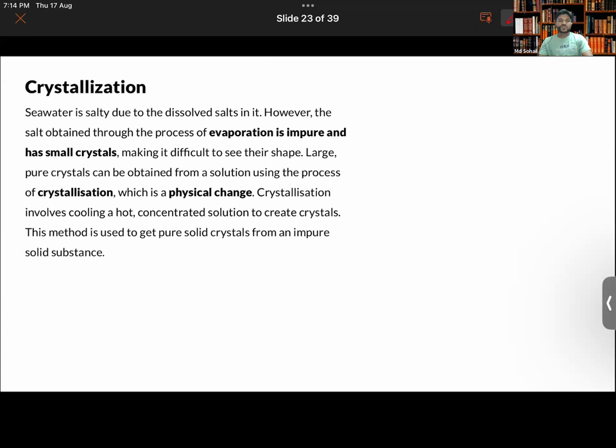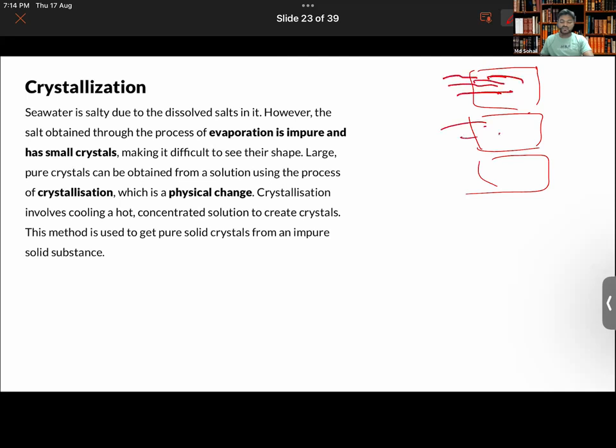The salt is obtained by the process of evaporation, like what the small farmers that live in the coastal area do. They basically obtain salt from the seawater by evaporating it. They make structures alongside the ocean, and the waves carry the water there.